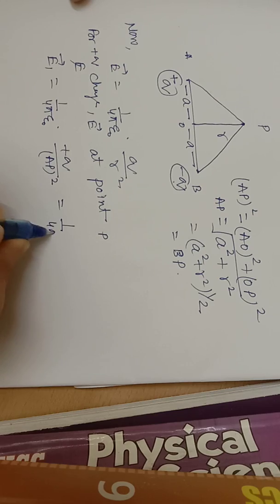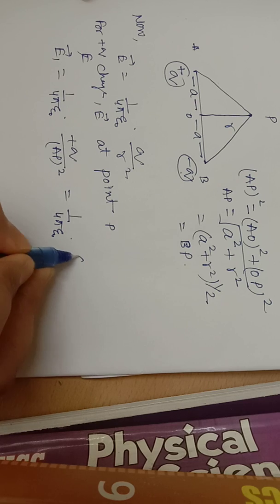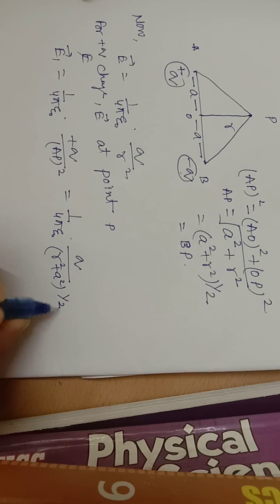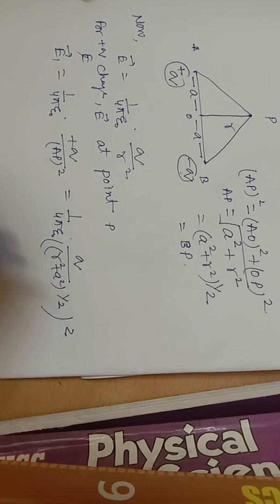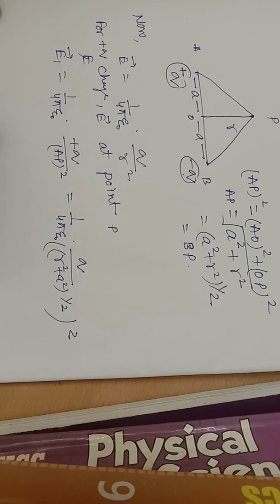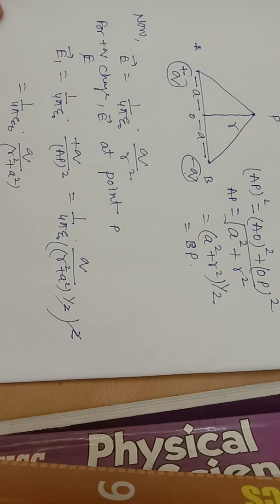That is 1 upon 4 pi epsilon naught times Q by (r square plus a square) power 1 by 2, the whole squared. Clear now? Then it will be 1 upon 4 pi epsilon naught times Q by r square plus a square. This square will cancel with this power.